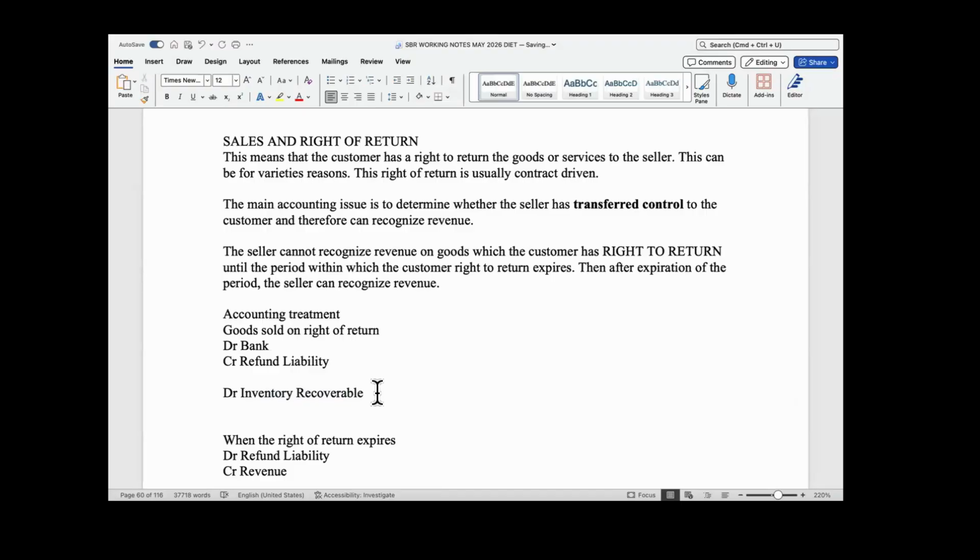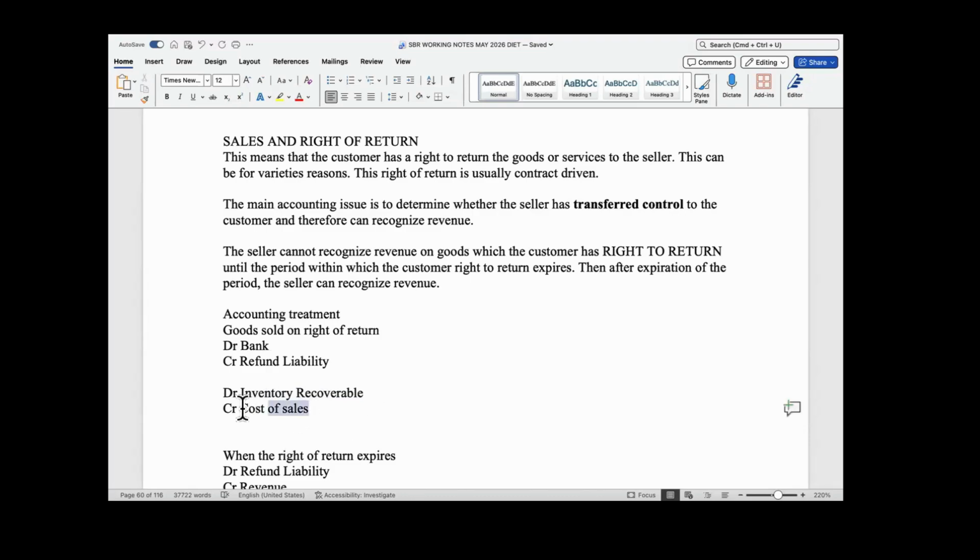This one is hidden. A lot of you will just ignore this. So you take it to inventory account, you take it away from cost of sales. You credit your cost of sales, you debit your inventory recoverable account.